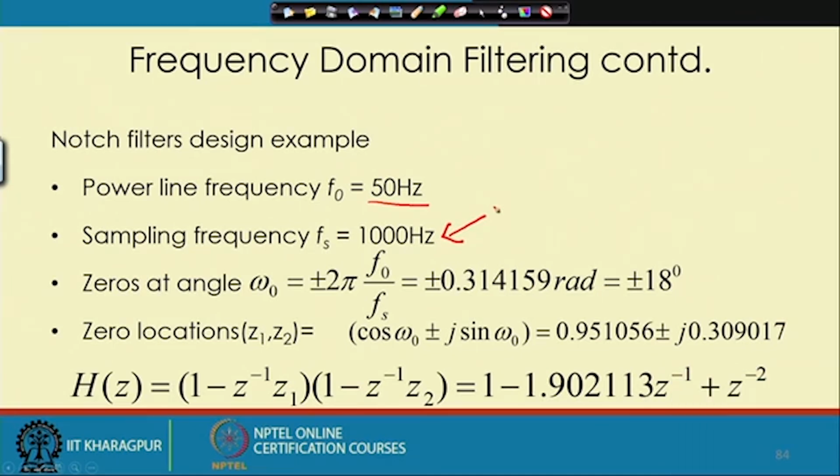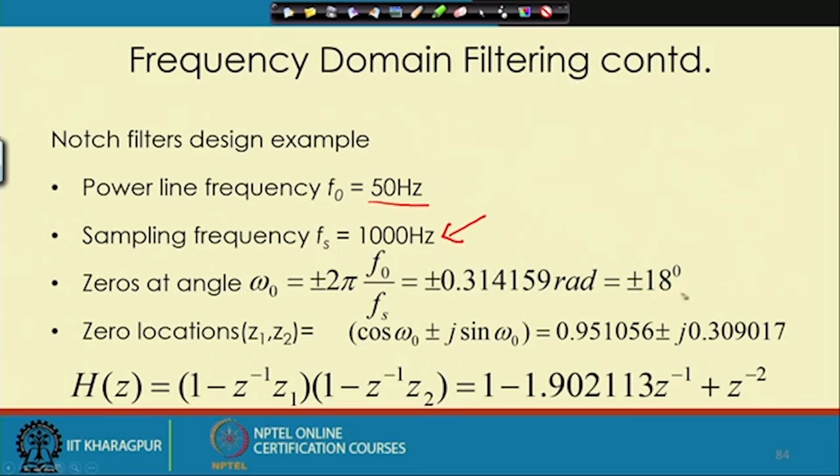To eliminate that, we first need to apply 2 zeros at plus minus 2 pi f0 by fs. So, we get the angle in radians, and that can be converted to degrees. We get plus minus 18 degrees. If we have 2 zeros, that can help us to get rid of the 50 hertz component of the signal.